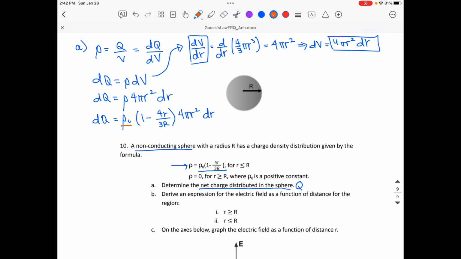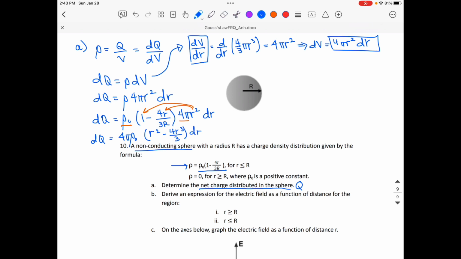So my rho naught and my 4 pi are going to get pulled out to the front. And then I'm going to distribute the r squared into each part of my expression here. And I get dq is equal to 4 pi rho naught times (r squared minus 4r cubed over 3R) dr.